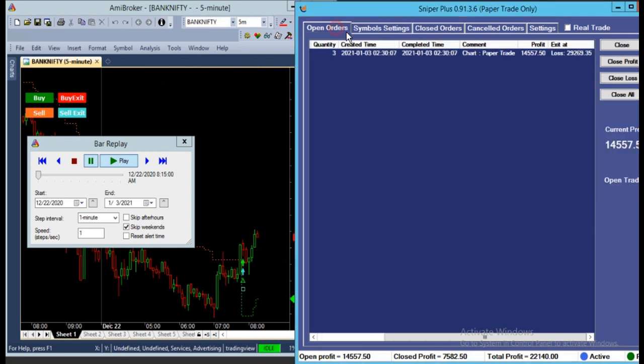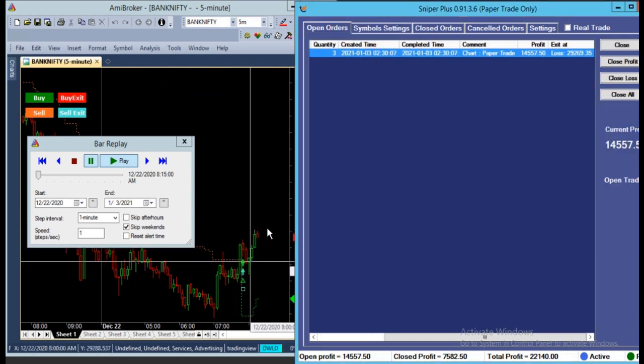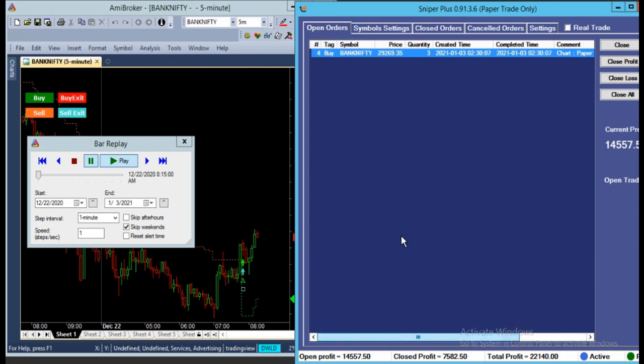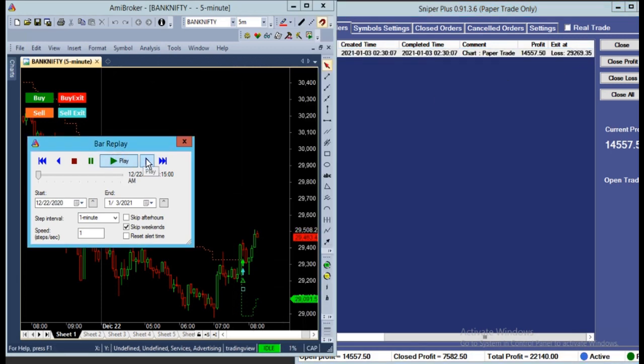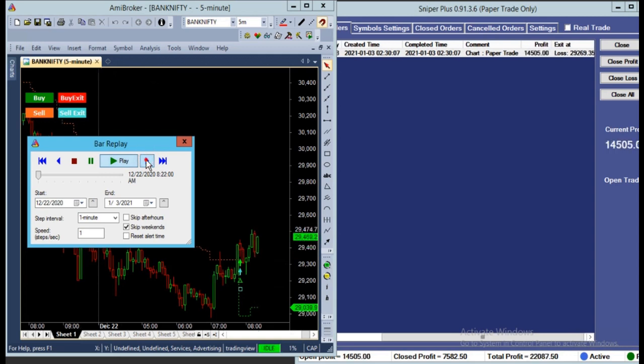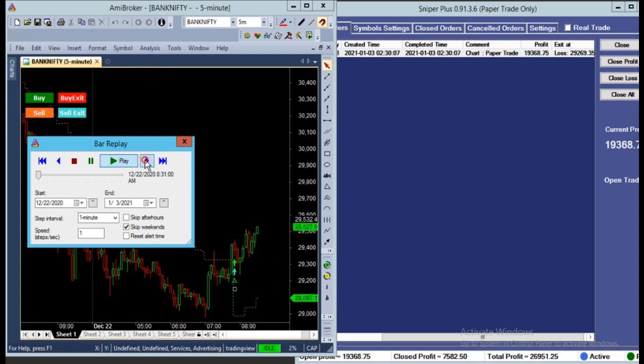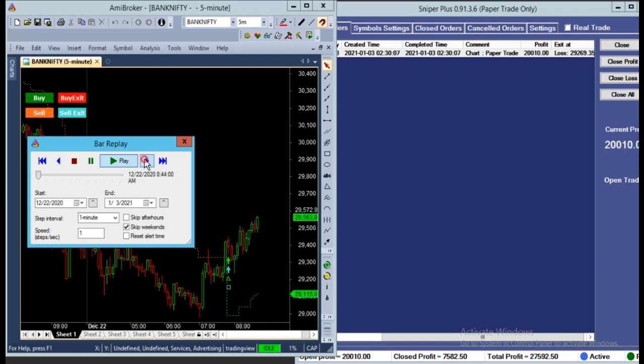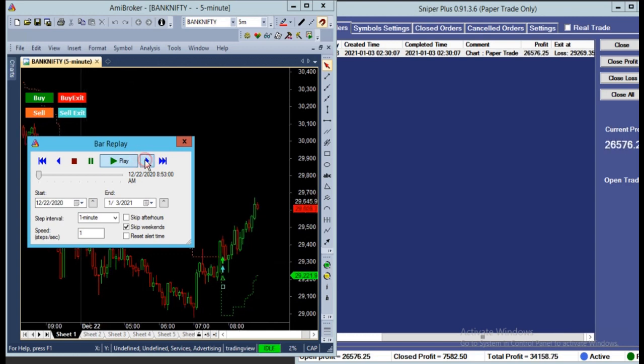Now here, when the market goes up by 200 points, the stop loss will be cost to cost. Now we can see that it is 29,269 and the exit price is also 29,269. Now again let us play. The price is coming up, up, down, coming up.